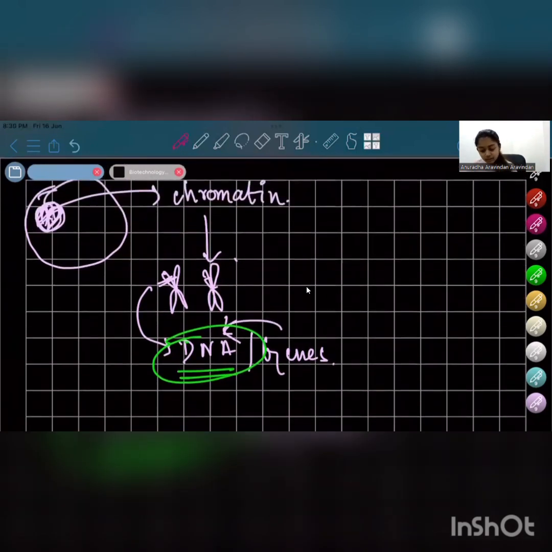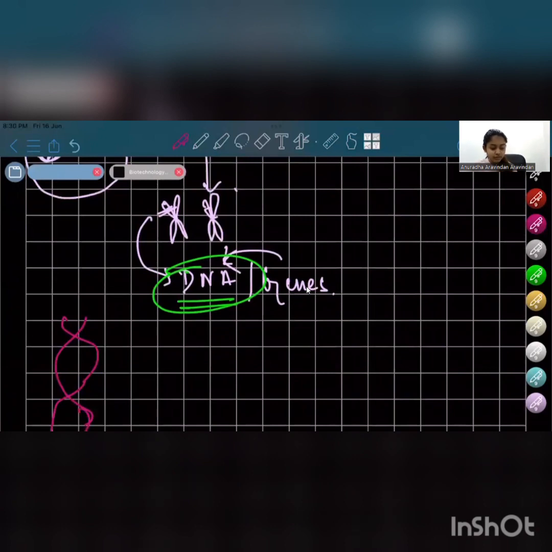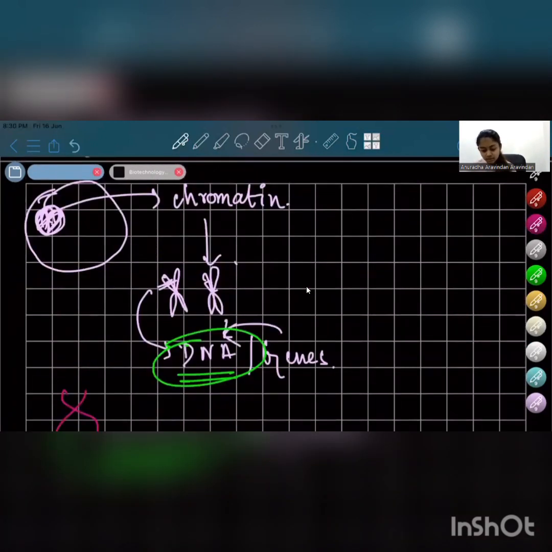So when I am altering the structure of the DNA or the chemical nature of the genetic material, we call this DNA the genetic material.